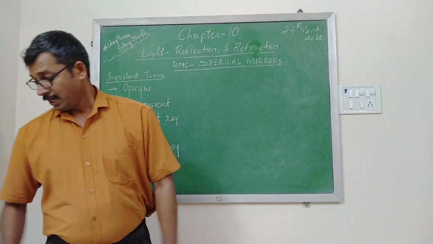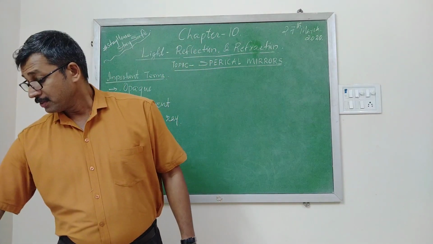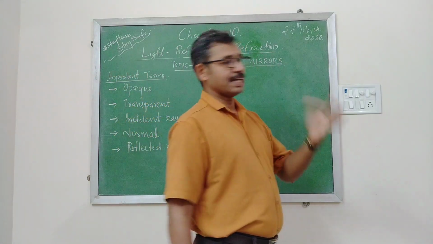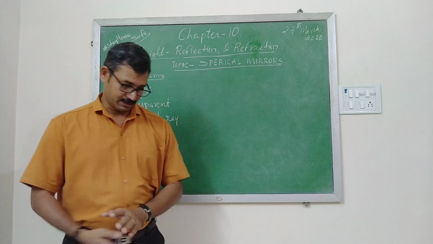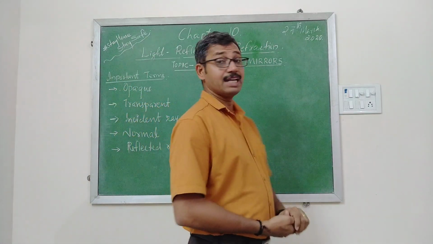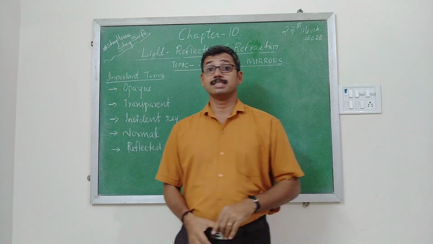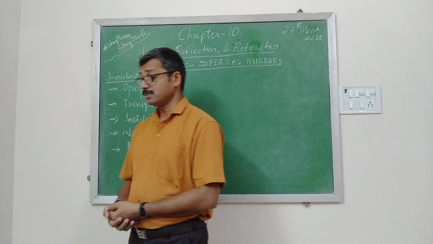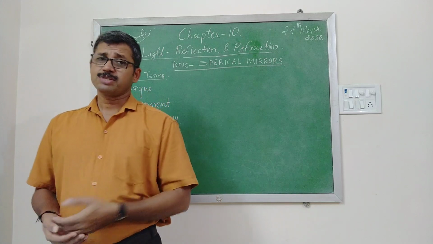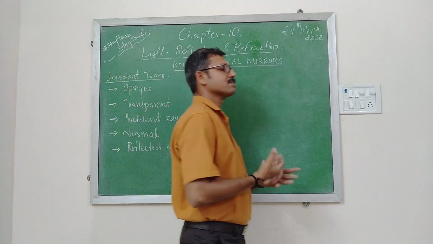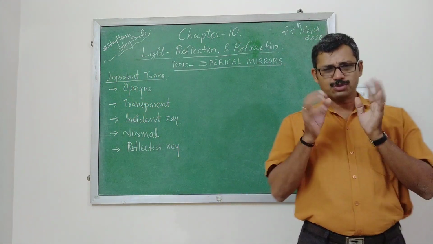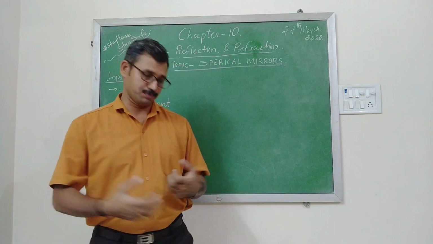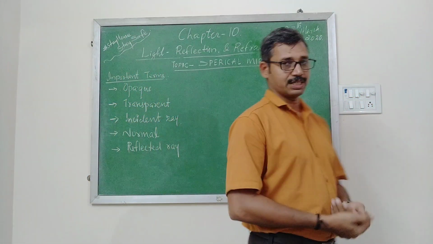Now, while telling about the reflection of light, where can the light be reflected? Whenever light falls on a surface, most of the light, that is, a major portion of the light, is absorbed, not reflected, we can say.